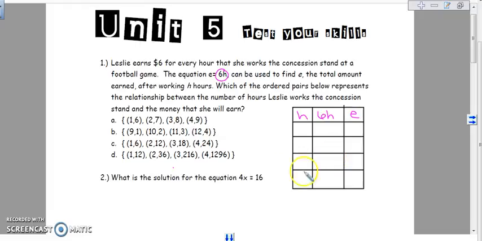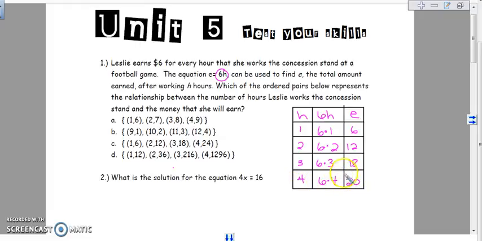So we're going to do 1, 2, 3, 4 hours. So 6 times the number of hours. 6 times 1 hour, she makes $6. 6 times 2 hours, she makes $12. 6 times 3 hours, she makes 18. And 6 times 4, she makes 20.